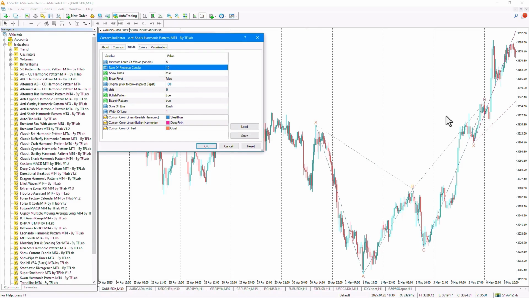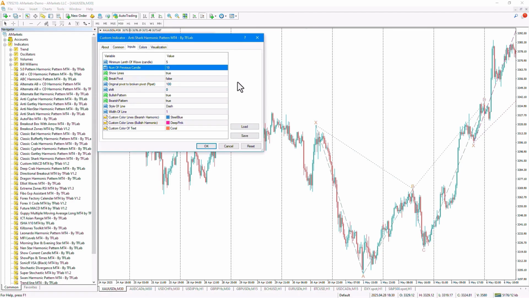That is, if I set the number to 10 here, from point D it examines 10 pivots backward and looks to identify point C. Again, from point C, it moves 10 pivots backward and looks to identify point B, then moves from B to A, and from A to X.